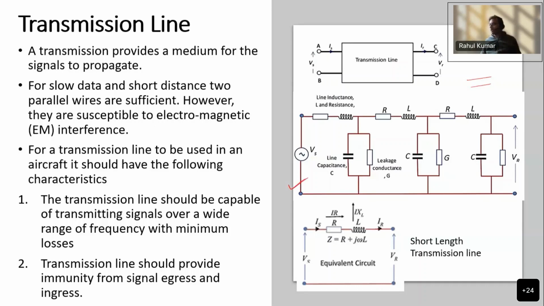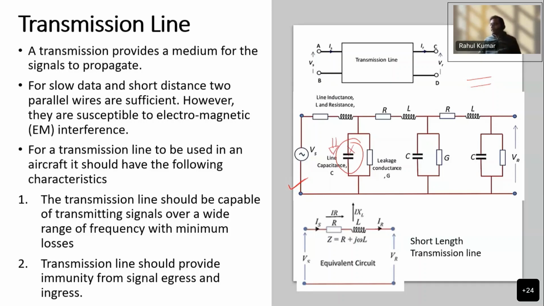However, for short distance transmission, which is less than 80 kilometers, and in the case of aircraft, the maximum distance you would need for transmission is around hundreds of meters, this capacitance is very low, and you can avoid the effect of capacitance.